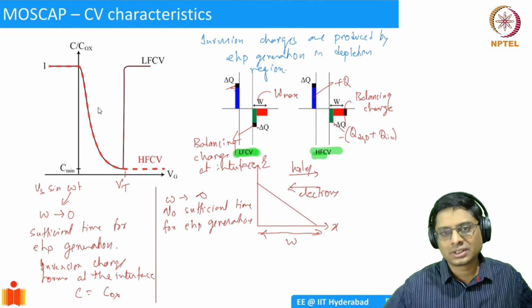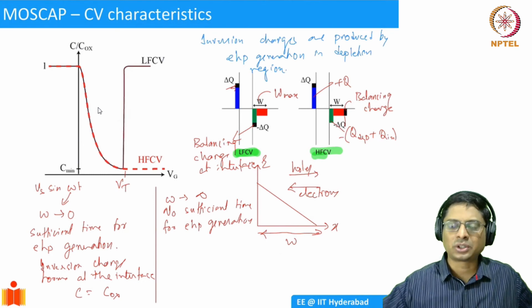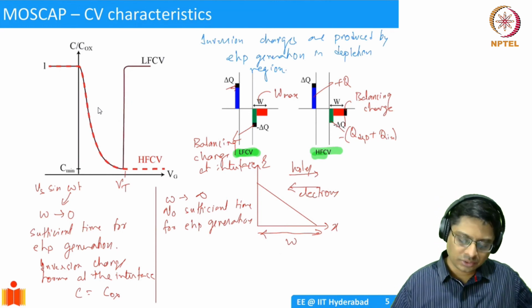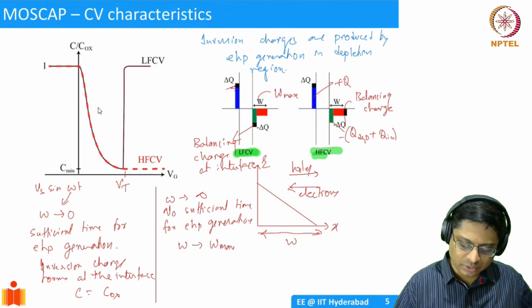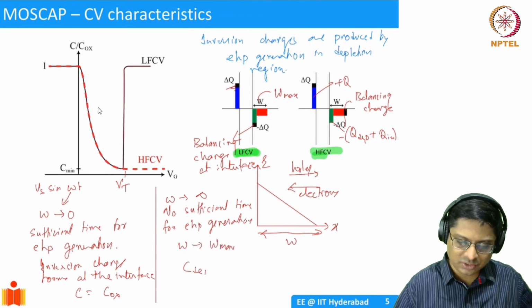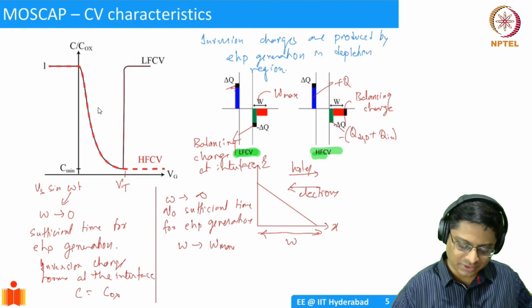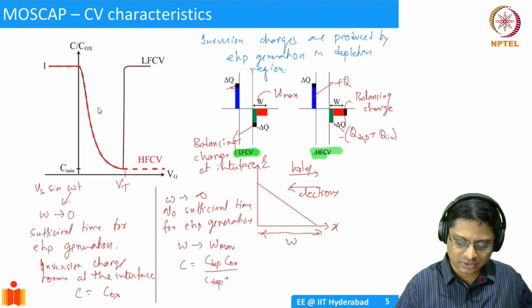But we also know that once we reach threshold, there is a lot of screening because of the inversion charge. So the depletion width does not change so much. So W tends to be W max. So the total gate capacitance C is basically C depletion times C oxide divided by C depletion plus C oxide.